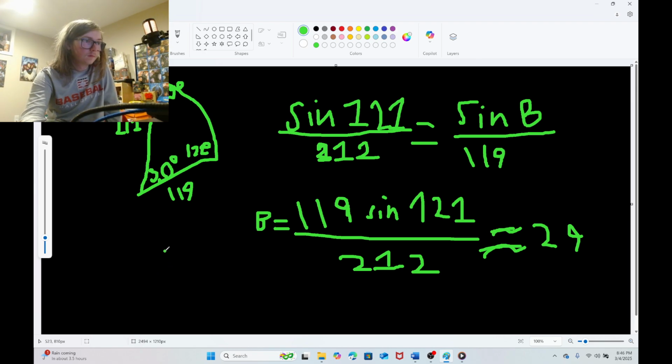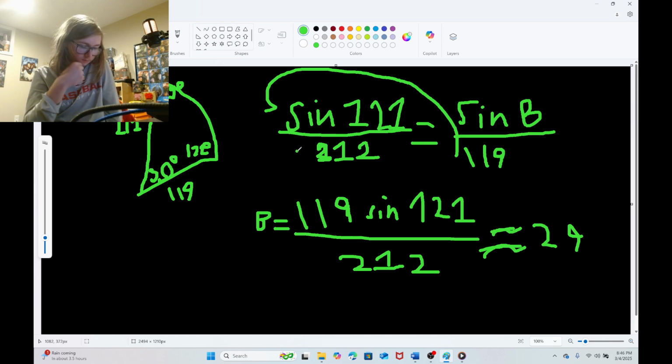So, inverse sine, because we were trying to find the missing angle measurement. So, we did a bit different of a formula, whereas that one, you took this one, put it there, that underneath. Here, because this is the one we don't have, we're taking this one, putting it here, and this stays underneath.